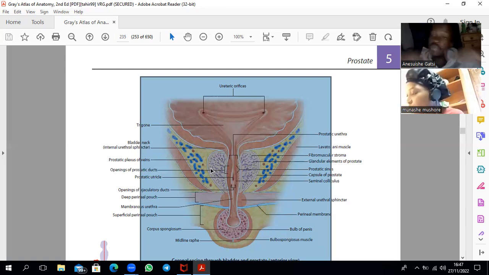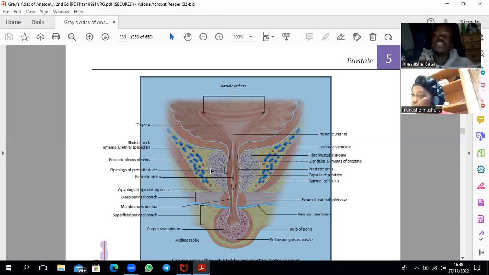Then the lower third joins the upper surface of the bladder, so its blood supply comes from the artery that supplies that upper part of the bladder, which is the superior vesical artery. So upper third, it's the renal artery. Then the lower third, it's your superior vesical artery, right?